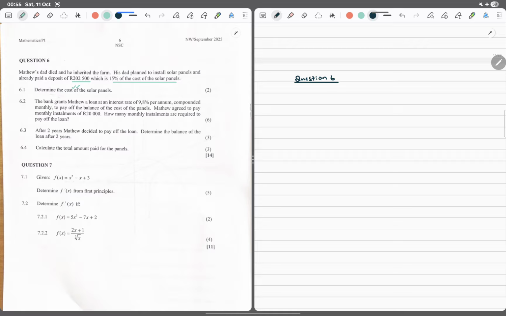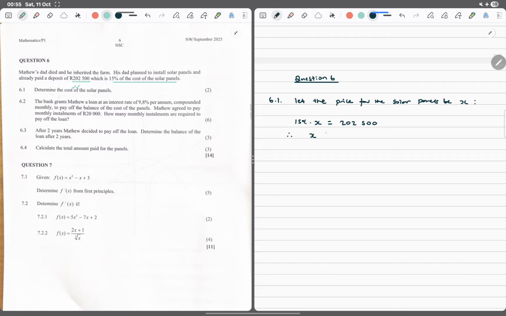So what are we looking at? We can just say here 6.1. We can say let the price for the solar panels be X, such that we know that 15% of X, we are told that it is 202,500.